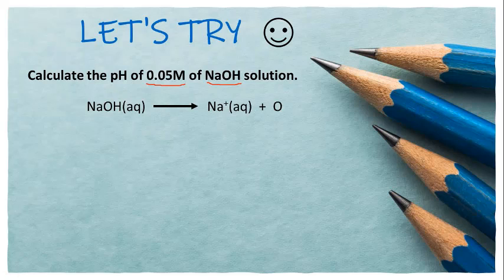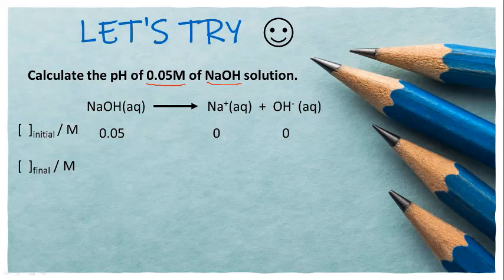It produces sodium ion and hydroxide ion. Same as before, on the left side, we write the initial concentration in molar and the final concentration in molar. The initial concentration of sodium hydroxide is as given in the question, which is 0.05 molar, and sodium ion and hydroxide ion are both 0.